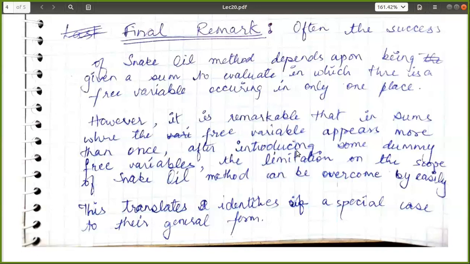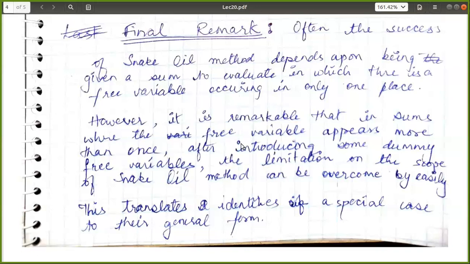So you keep on throwing in the dummy variables and come to a summation that will possibly have a lot of free variables, and that is why we were not worried even in the last lecture when we had more than one free variable. We just chose one and we went ahead, right?